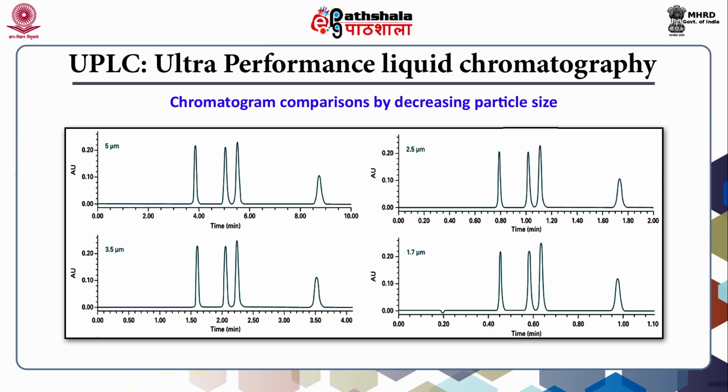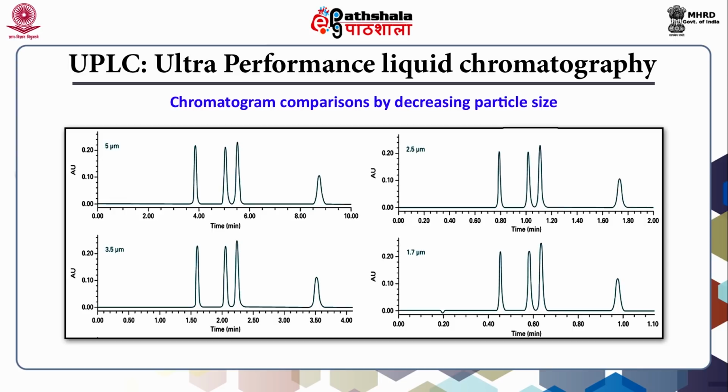Once the stationary phase particle size is decreased to 3.5 micrometer, the retention time of the first peak is 1.5 minutes. If you decrease the particle size further to 2.5 micrometer, the retention time decreases to 0.8 minutes. Then if you decrease the diameter further to 1.7 micrometer, the first peak appears at 0.5 minutes.